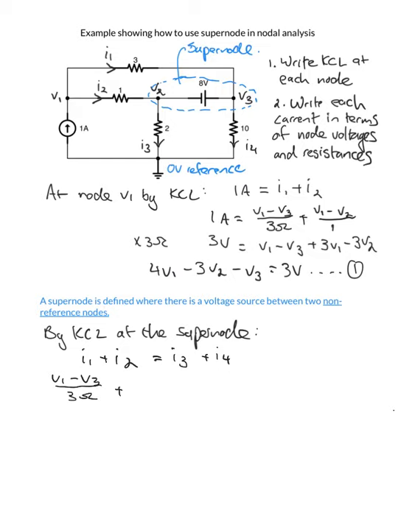ohms plus I2 is (V1 minus V2) divided by 1 ohm, and that's equal to I3, which is (V2 minus 0) divided by 2 ohms plus I4, which is (V3 minus 0) divided by 10.